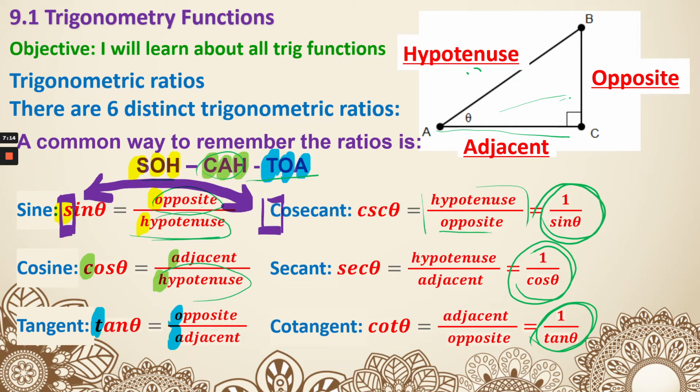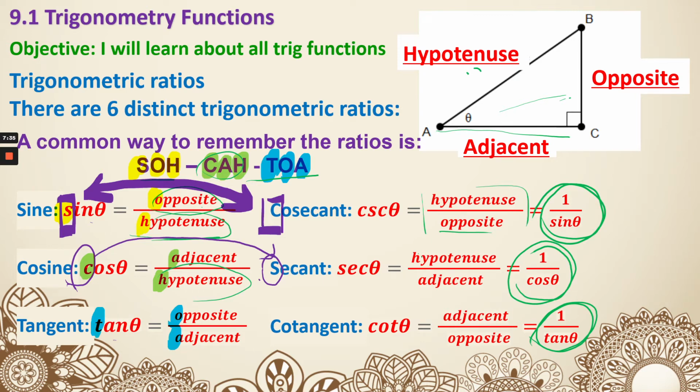And then we also have cosine, which is paired up with another S. So the key to remember these is you never use the same initial for the pairs. S is with C, E is with S, E is with C, and they're all reciprocals.